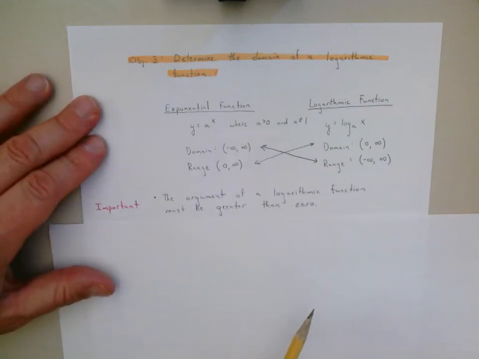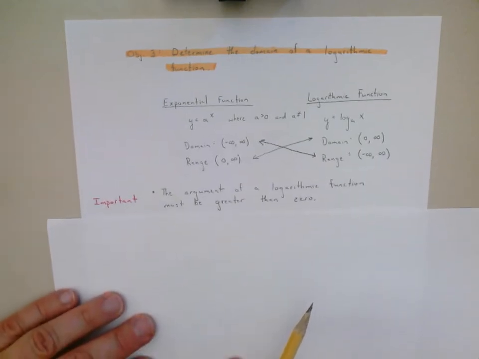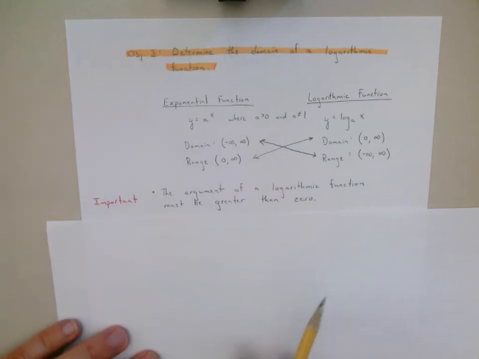So this is our third domain rule of the year. We're going to remember this just like we do those other two we've been working with. The argument of a logarithmic function must be greater than 0. That is our third domain rule. If it helps you, for your initial practice, every time you use that rule, write it down.